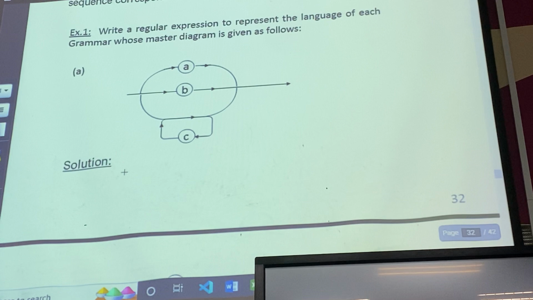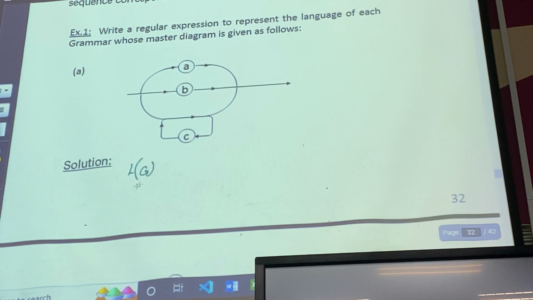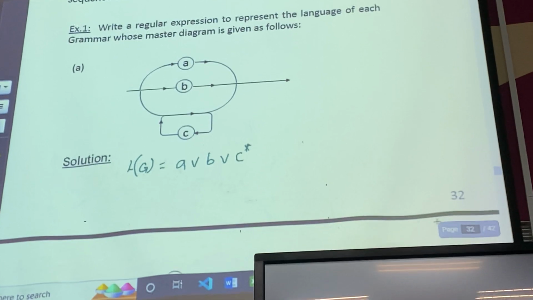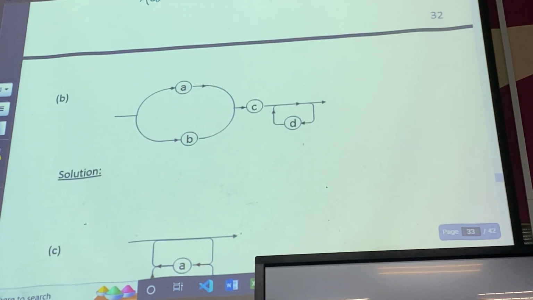So we can write the regular expression as L G also, or you just put it as the regular expression in words equal to A or B or C asterisk. Okay, how about this?